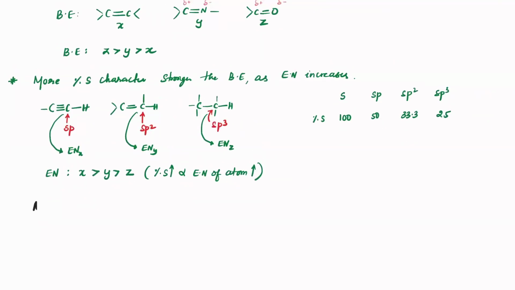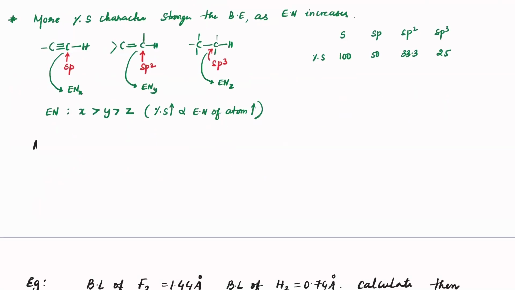As of now, keep that in mind: what is percentage S character and how it is varying? Going ahead, we'll learn how exactly to figure out hybridization and how we relate that with electronegativity.